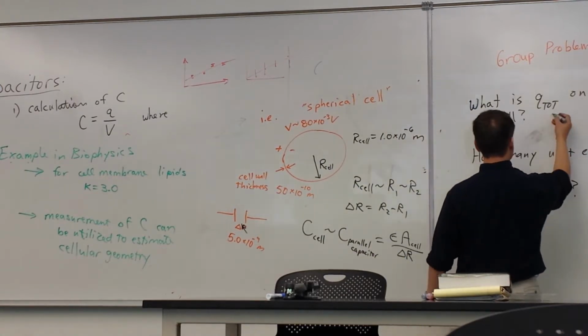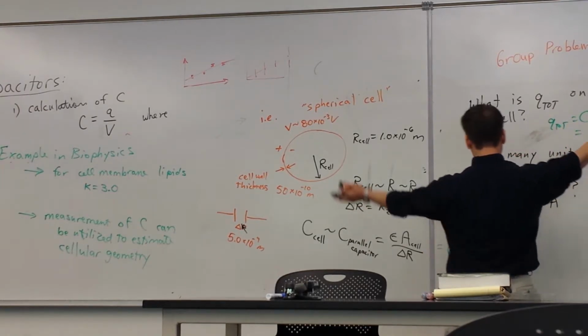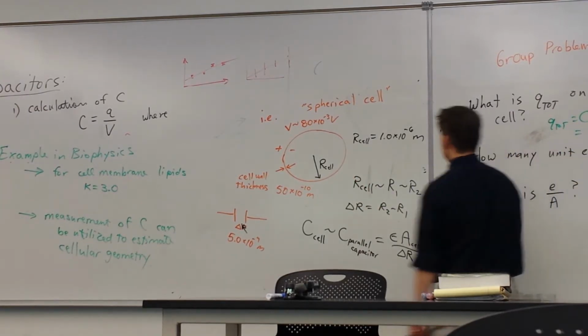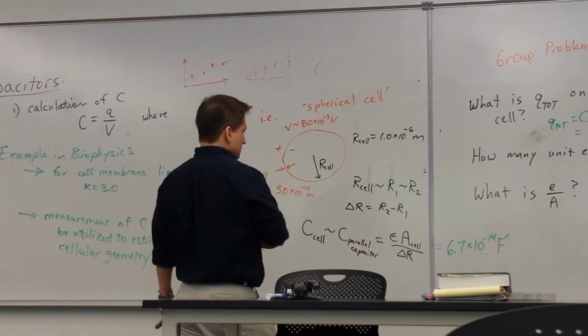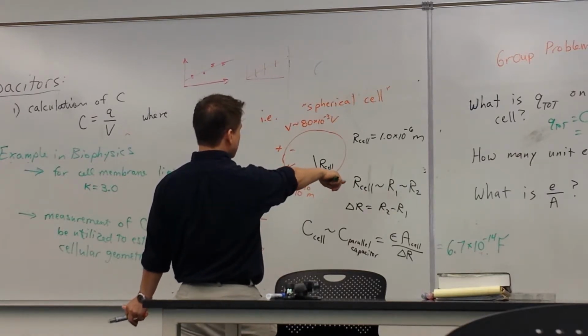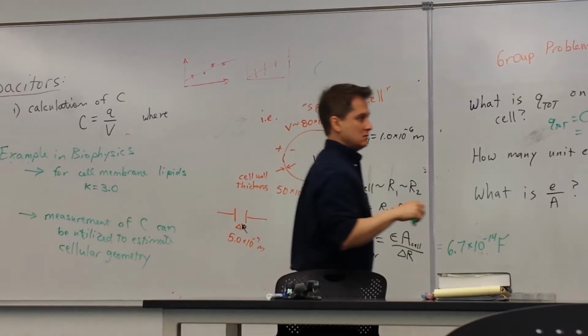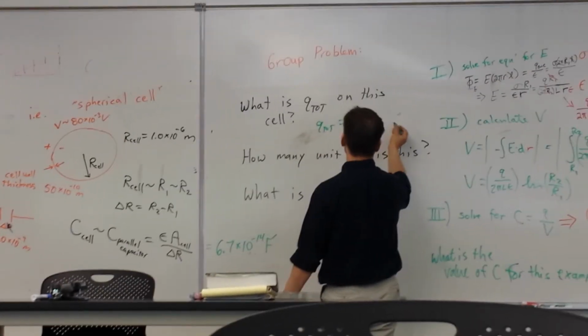Steve would say, pretty easy. Q total, C times V. So we got 6.67 times 80. And then there's 5,500 times 10 to the negative 15th, 14th, 13th. Yeah, I got 5.34 times 10 to the negative 15. Yeah, that's what I got.